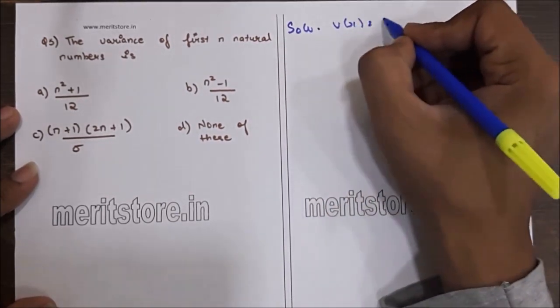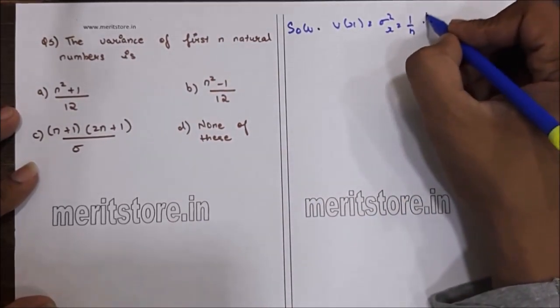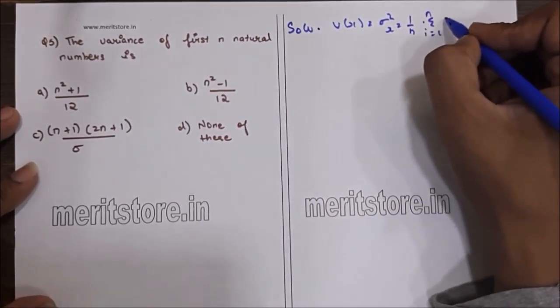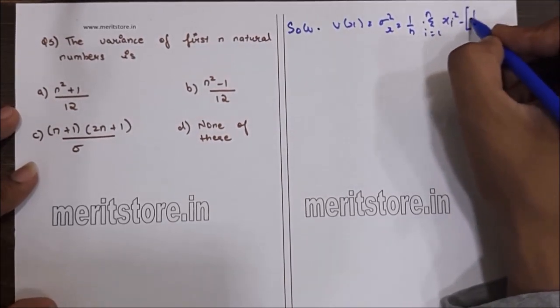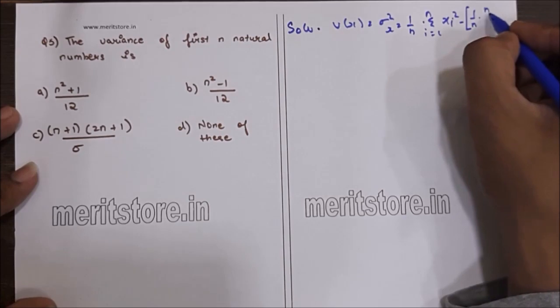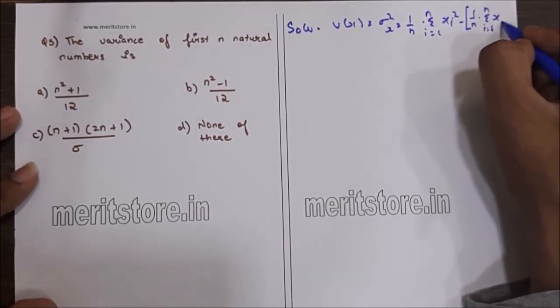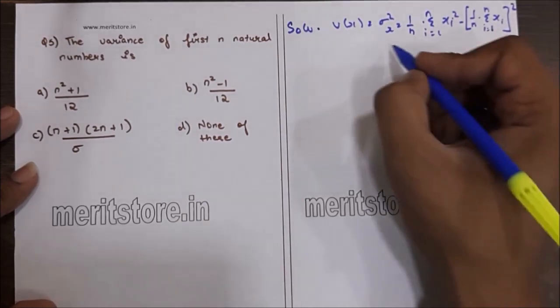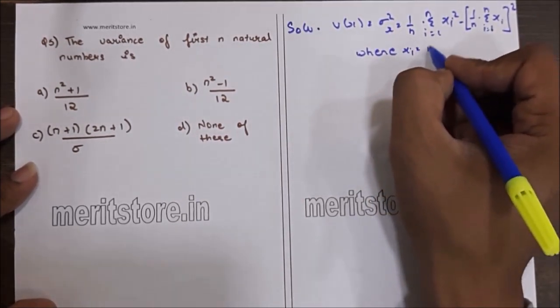variance of x is equal to sigma square x is equal to 1 upon n summation i equal to 1 to n xi square minus the square of 1 upon n summation i equal to 1 to n xi, where xi is equal to i.